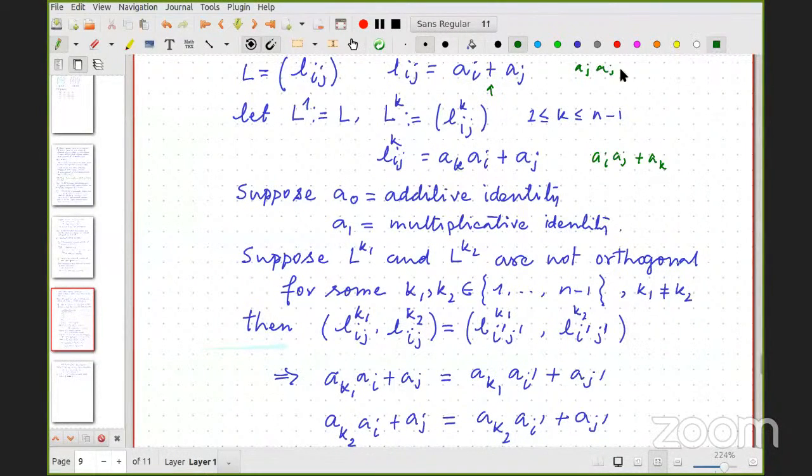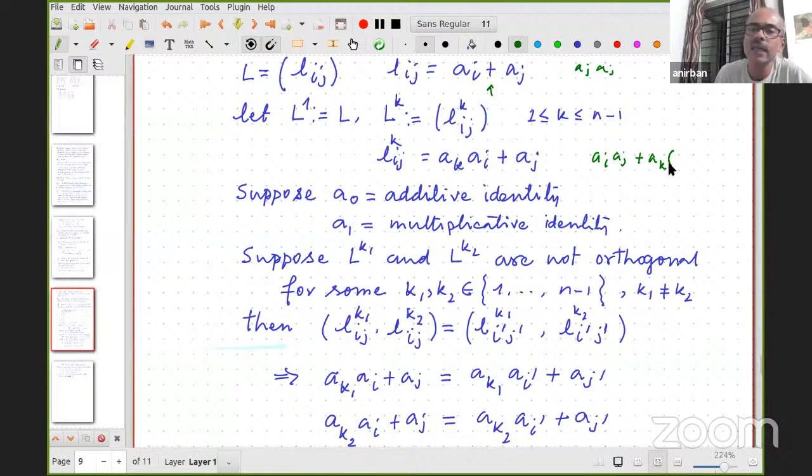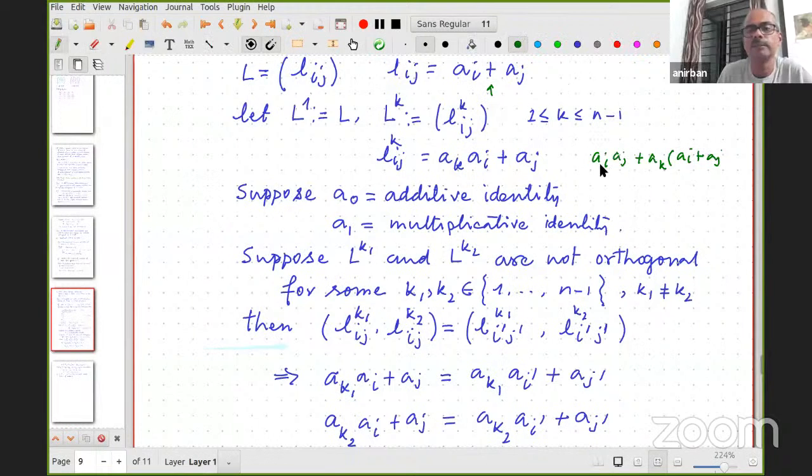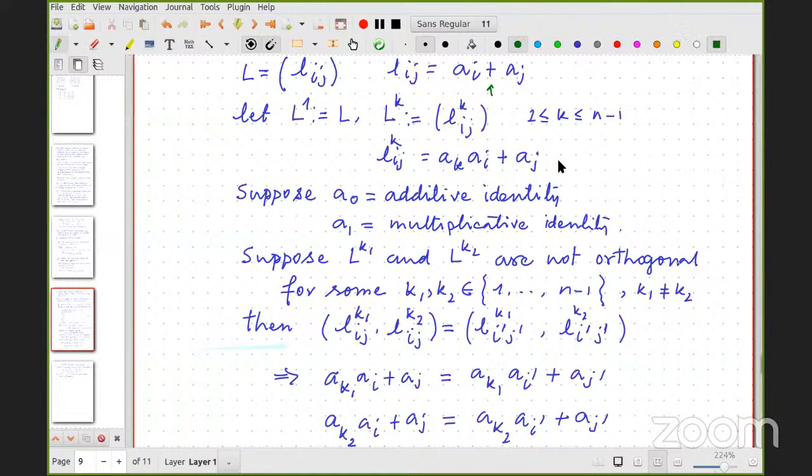So instead of multiplying this AK to AJ, you have to multiply AK to the sum of AI and AJ. That is AK into AI plus AJ. Suppose you are defining it like that, instead of the old one.